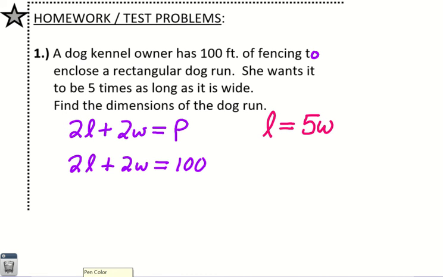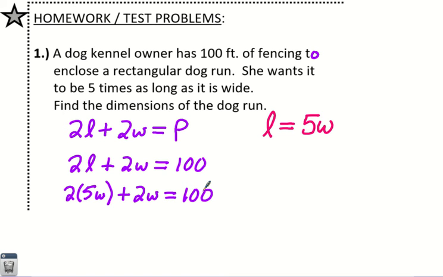And okay, so if L is basically the same as 5W, I can replace this L variable with 5 times width. So here we go. Whenever you have an equation that you're supposed to ultimately solve, you can't really do it when there are multiple unknown variables.